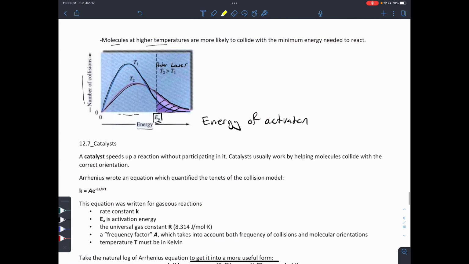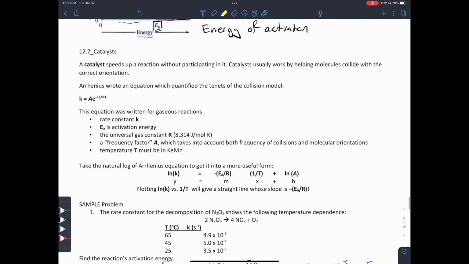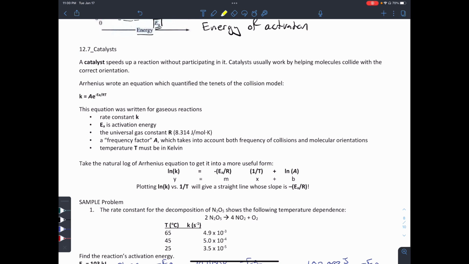So when we kind of step back up to the last section of the notes on catalysts, this really comes in handy because a catalyst, by definition, speeds up a reaction without participating in it. Remember, catalysts are there first on the reactant side and then on the product side when we look at a reaction mechanism.